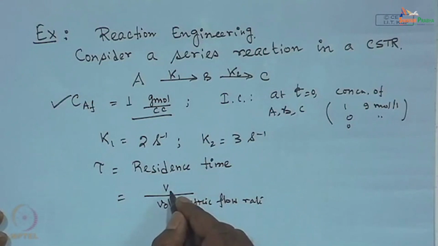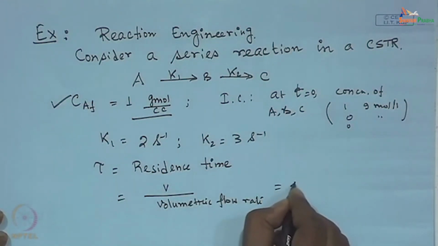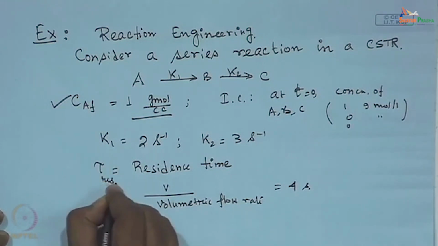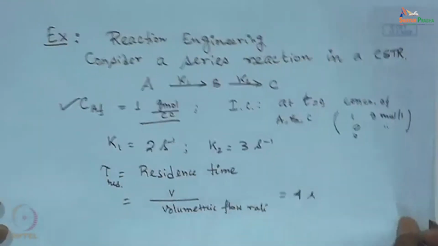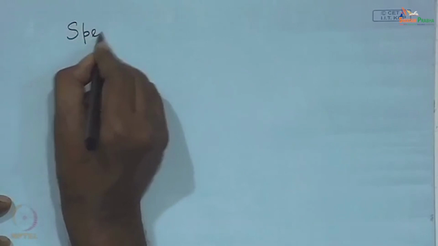So, it will be second, and this tau will be 4 second. Okay. So, we are now in a position to write down the species balance equation.